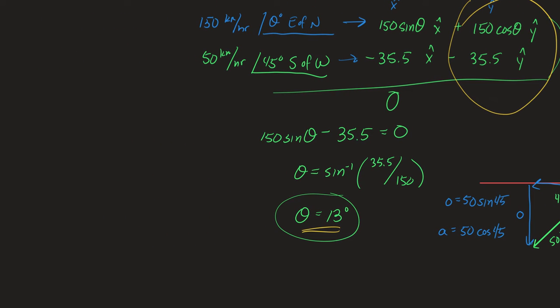So the y direction will be 150 cosine 13 degrees minus 35.5. That sum will be the ground speed of the plane as it travels along the runway. Questions about that?